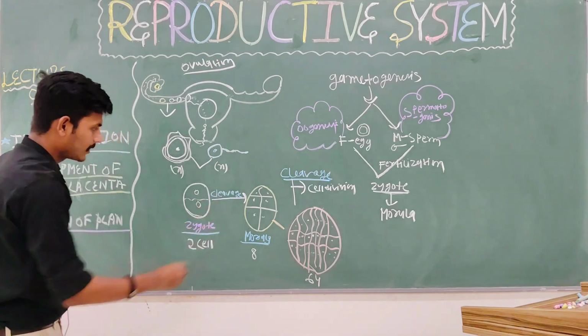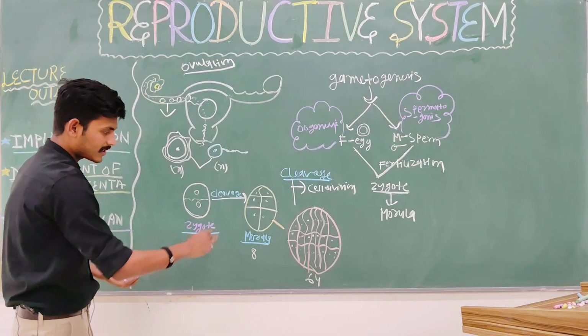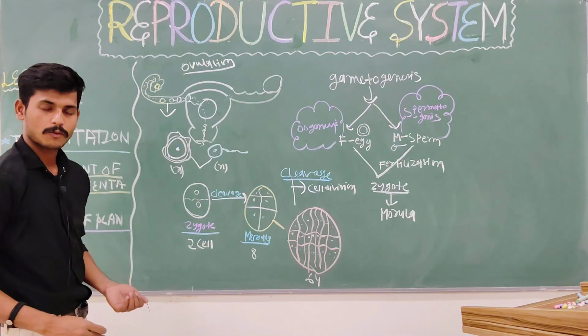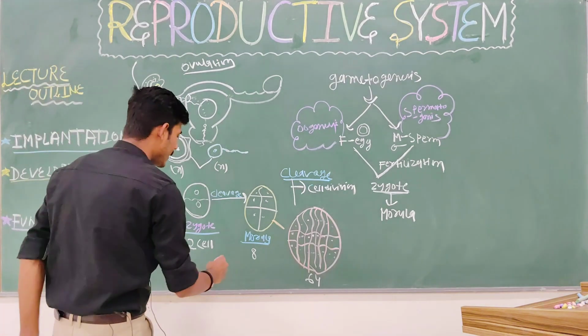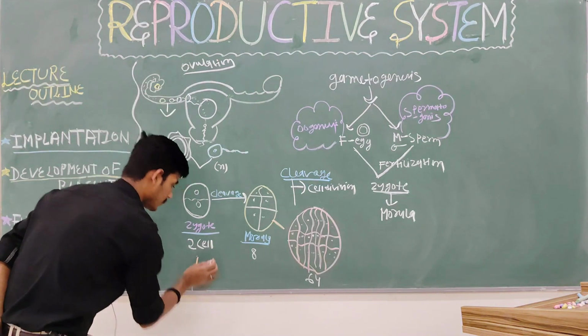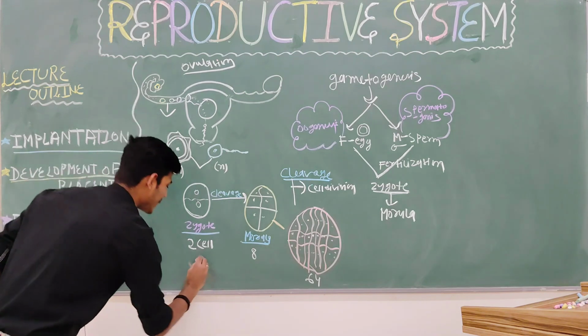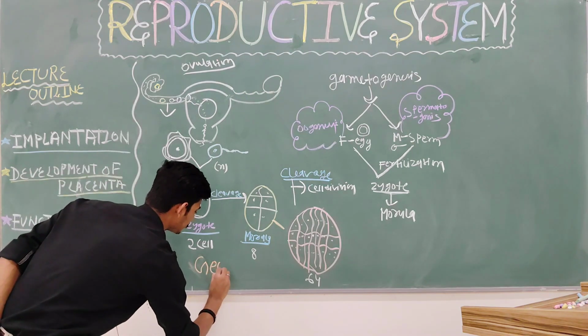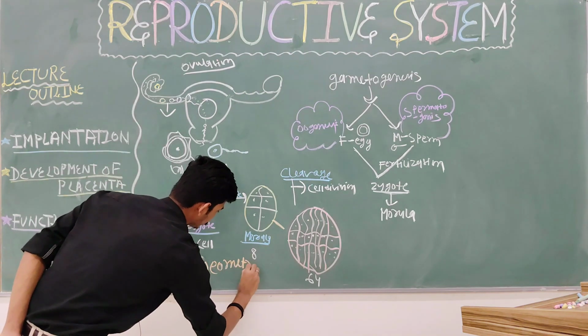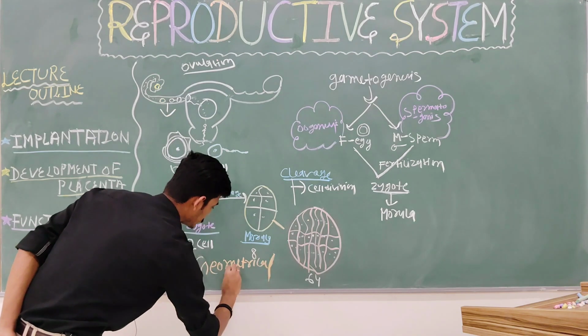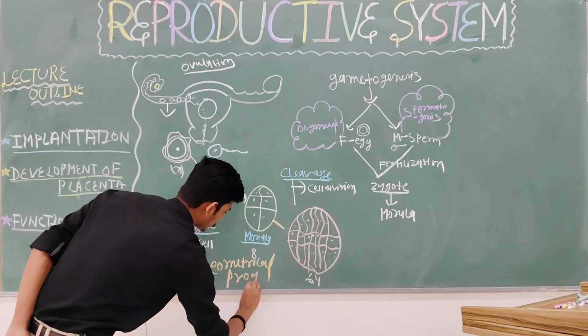What do you call this type of progression? Is it the arithmetic progression? Am I wrong? It's called the geometrical progression.